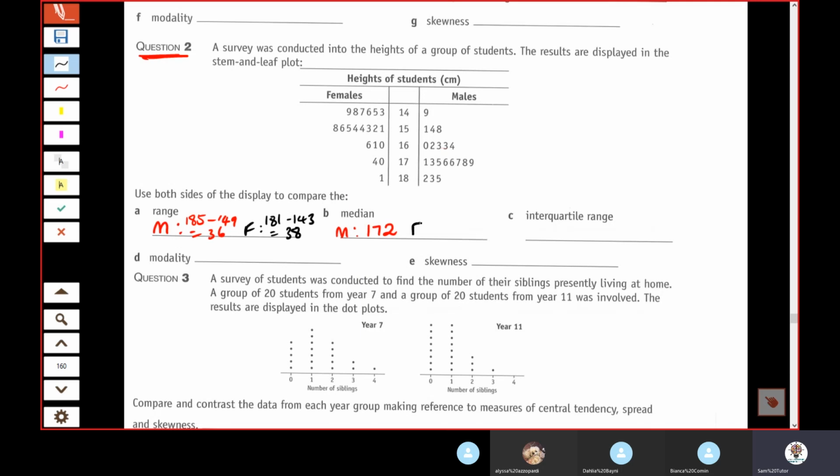Females. Cross out maybe 5. Oops, very bad. Because if you're going this way, you're going highest number, right? The highest number is 166, and then 161, and then 160. So what I'm going to do to avoid that, I'm going to cross out 6. 1, 2, 3, 4, 5, 6. 1, 2, 3, 4, 5.